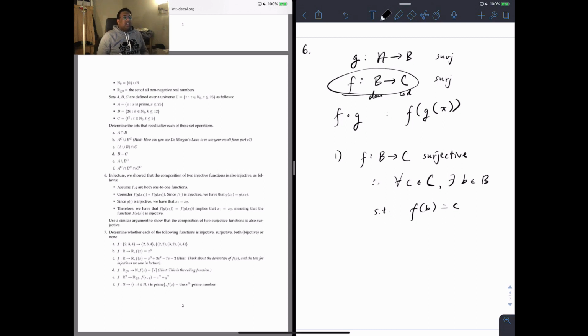So what we're saying is I want the output of f of g of x to be c. If the output is c, b is the number we can pass into f to get the output of c. And since f is a surjection, we don't need to prove that. We're given that. We know that this b always exists.